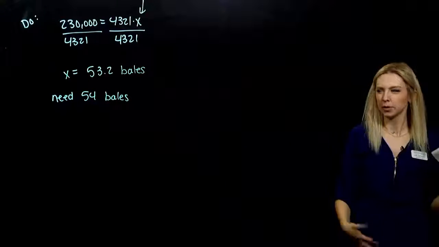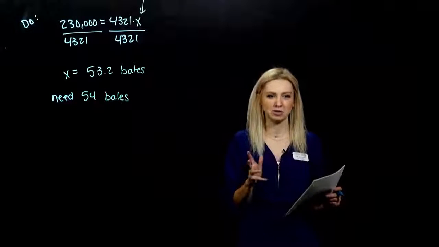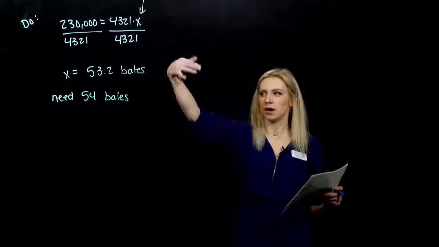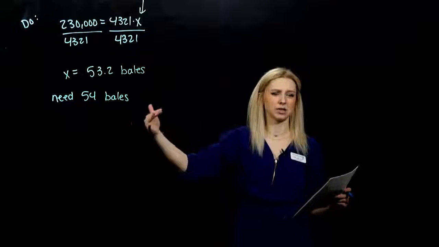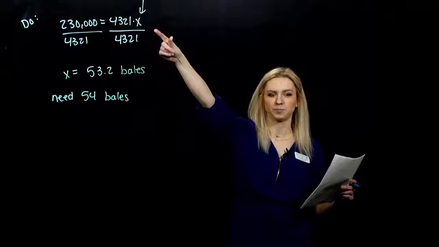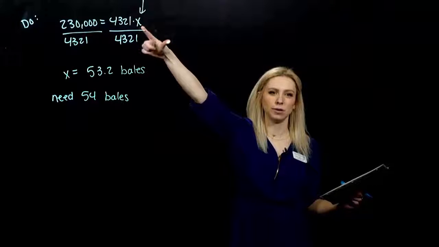Okay. But let's just say I'm spitting off a bunch of different amounts of socks that I want to produce. We don't want to have to do this solving process every single time. So we want to be able to take our formula and solve it generically for the variable that we're looking for.